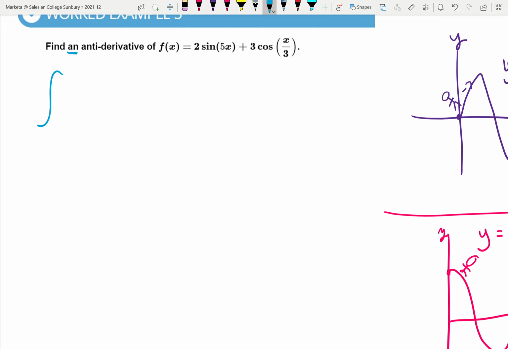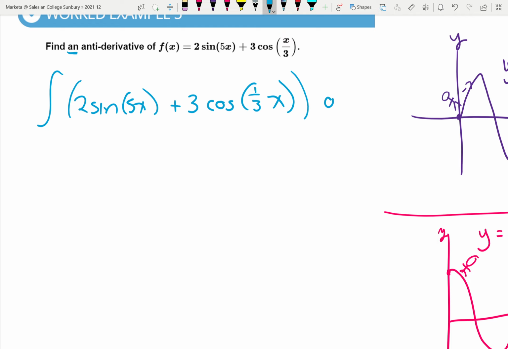The antiderivative of 2 sine 5x plus 3 cos of x on 3, or we can say 1/3 x, dx, is going to equal, we're taking out the fifth, so we're timesing it by a fifth.